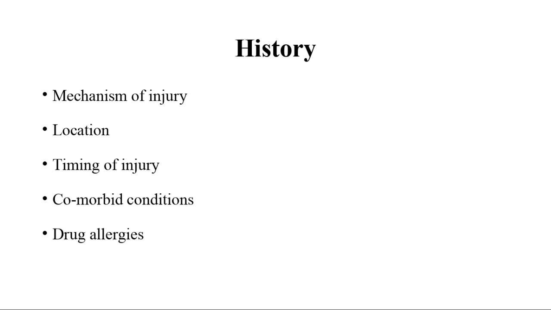The timing of the injury. What is really important is the timing of the injury of an open fracture. The prognosis of an open fracture is dependent on, I would say, 2 factors. Factor number 1, the administration of parenteral antibiotics.